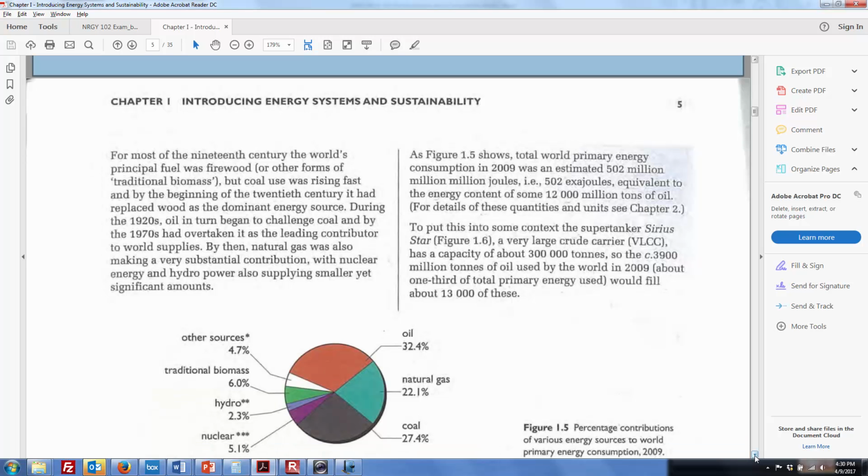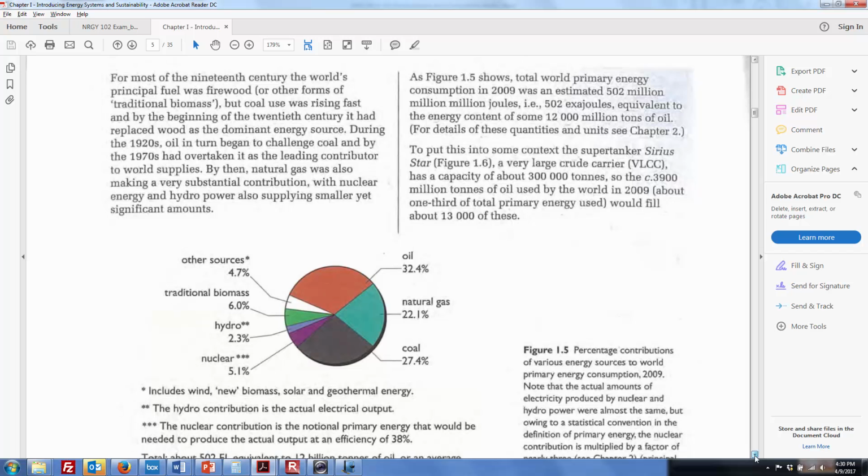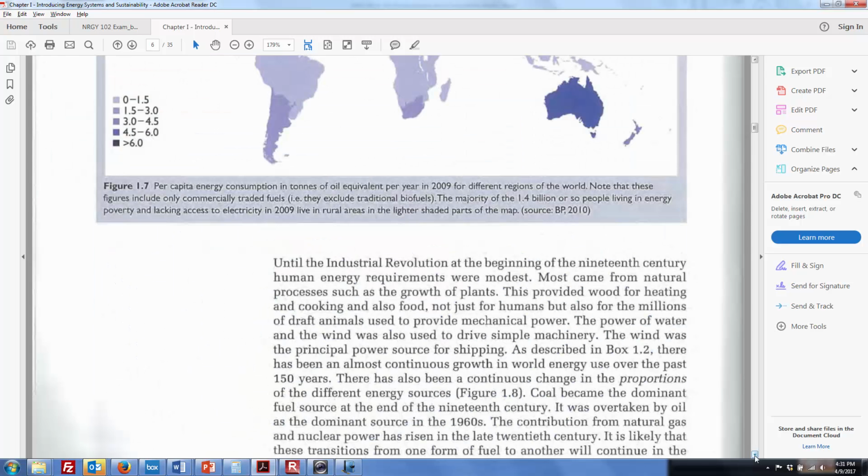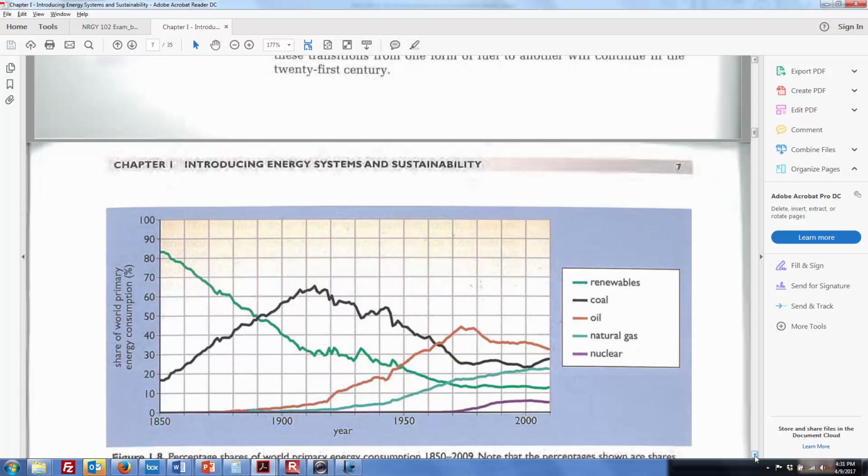And again, we can see these as all primary. You'll notice that electricity is not listed here. And you can see that over time, as these other non-renewables came online with coal, with oil, with natural gas, the percentage of renewables has dropped, but it's flattened and it will rise.